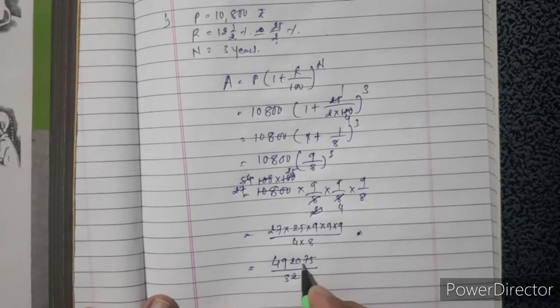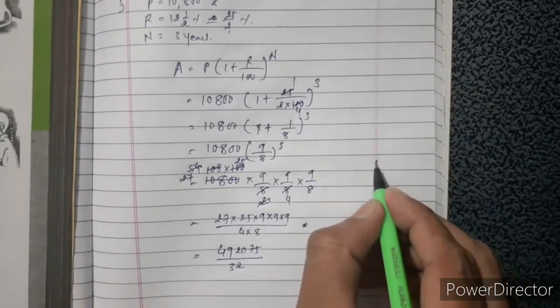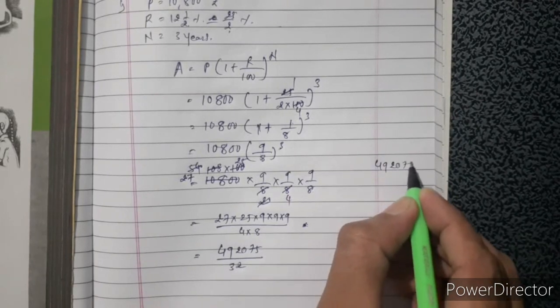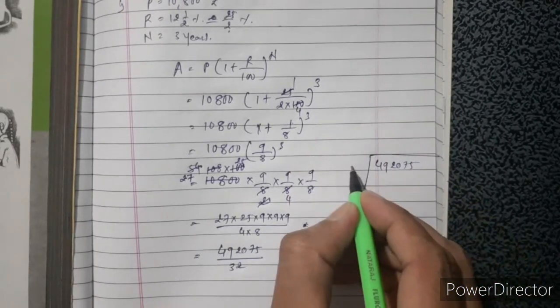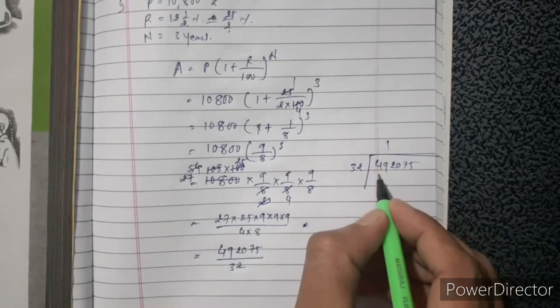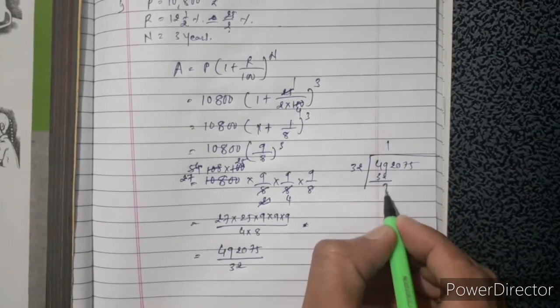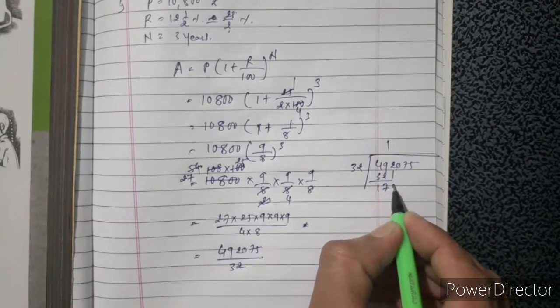Now you just divide that one. 492075 divided by 32. So 32 ones are 32, that is 7, and here 1, 2 comes down.